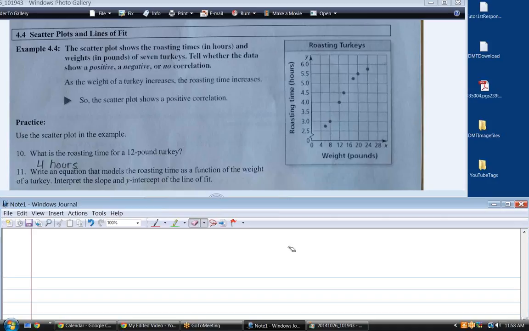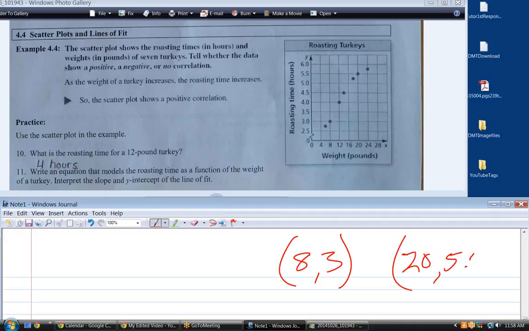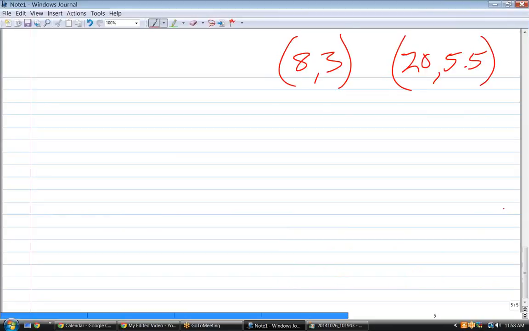What is that point? 8 and 3. Pick another point that's easy to read and results in whole numbers. Let's do 20 and 5.5.